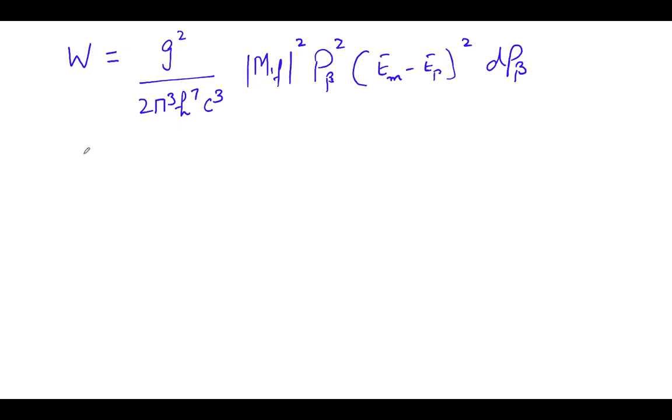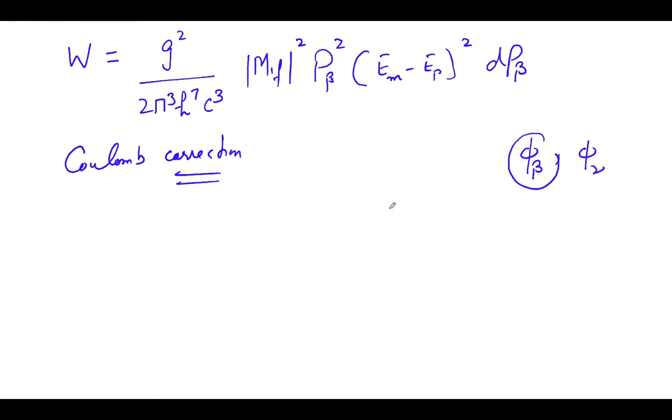Now let us introduce the concept of this Coulomb correction. We have seen that the matrix element is dependent upon the electronic wave function and the neutrino wave function. This electronic wave function phi b is affected by the Coulomb field of the nucleus, because the beta particle is a charged particle, while the neutrino and antineutrino are neutral particles.